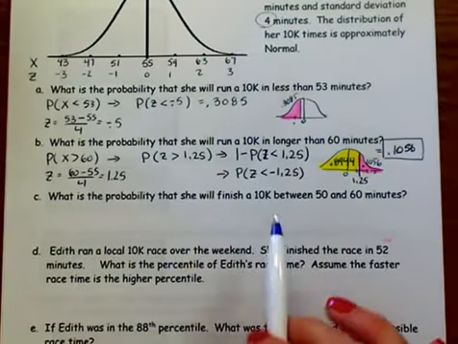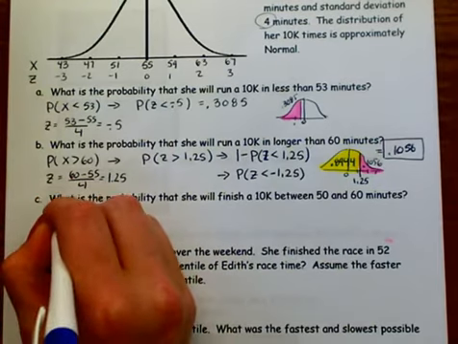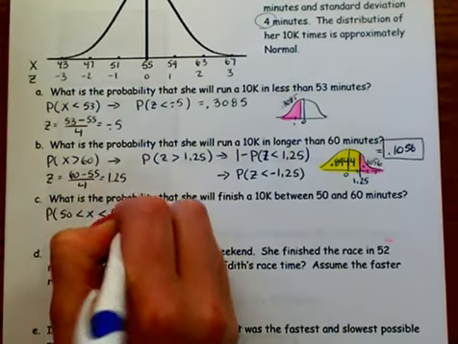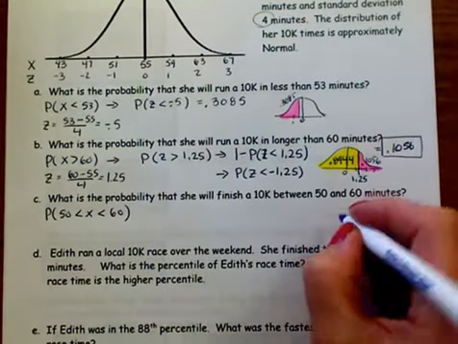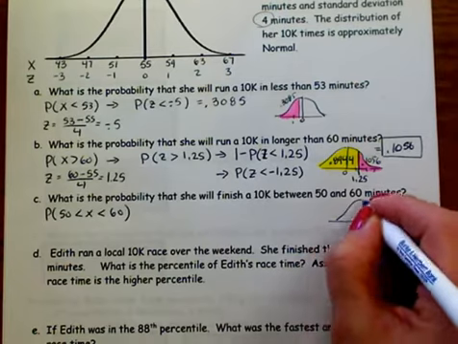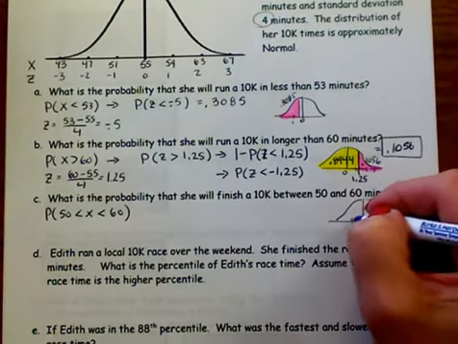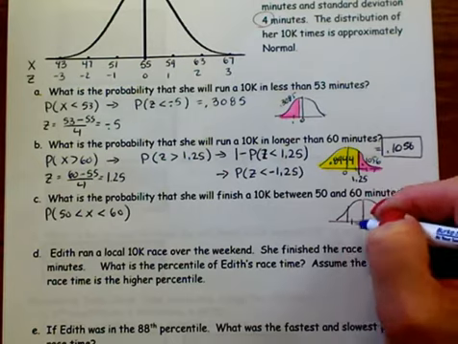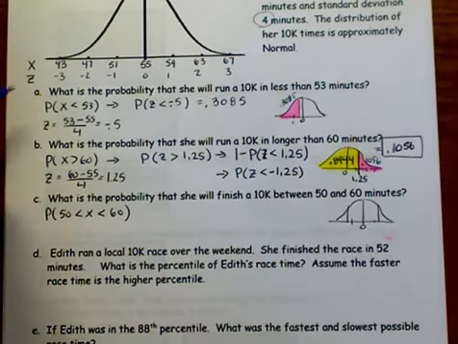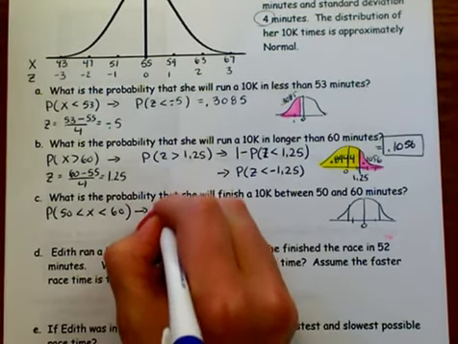What is the probability that she finishes between 50 and 60 minutes? Okay, now let's take a look. 50 and 60, so that is slightly below 1 and slightly above 1. All right. Well, let's convert to z-scores.